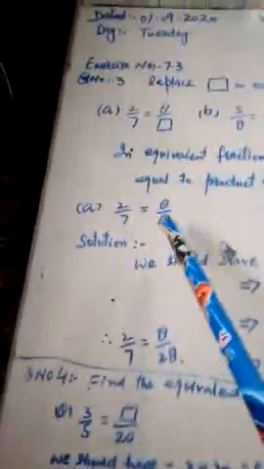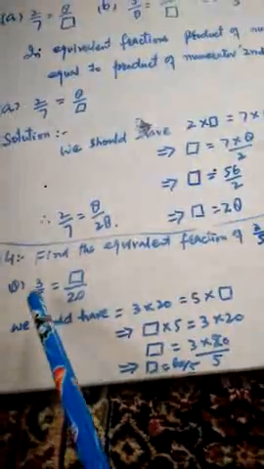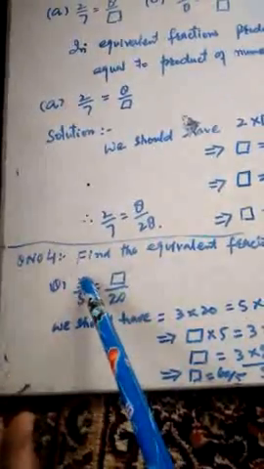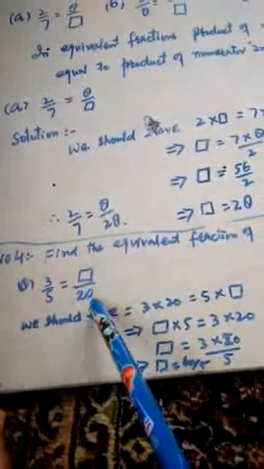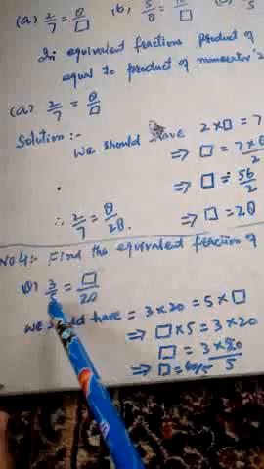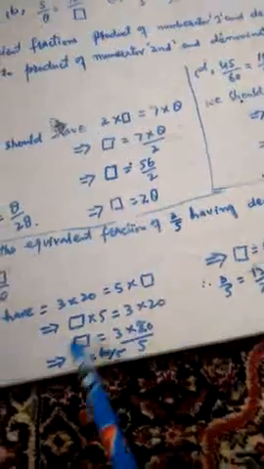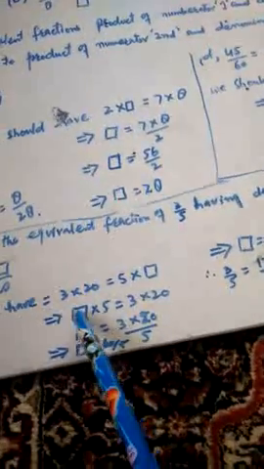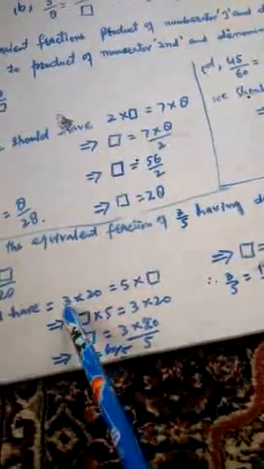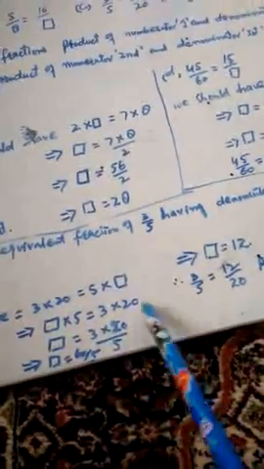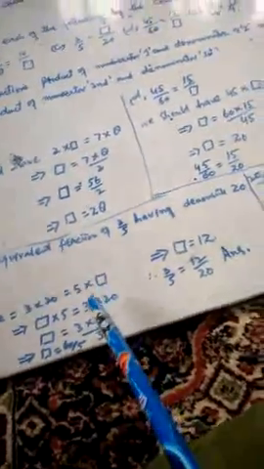It will be the same situation as in the above question. We know that the product of this numerator and this denominator is equal to the product of this denominator and this numerator. That means 3 into 20 is equal to 5 into blank space, or we can interchange them: blank space into 5 is equal to 3 into 20. There will be no problem.